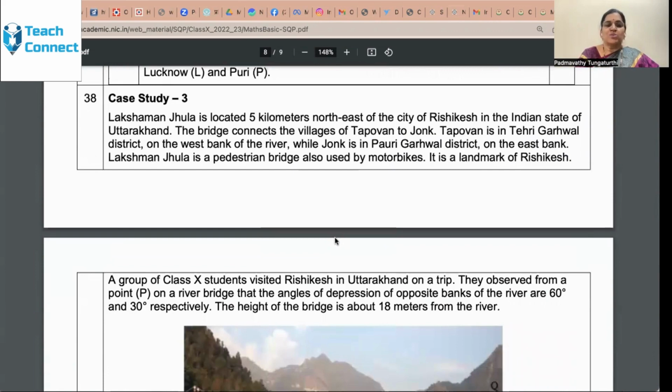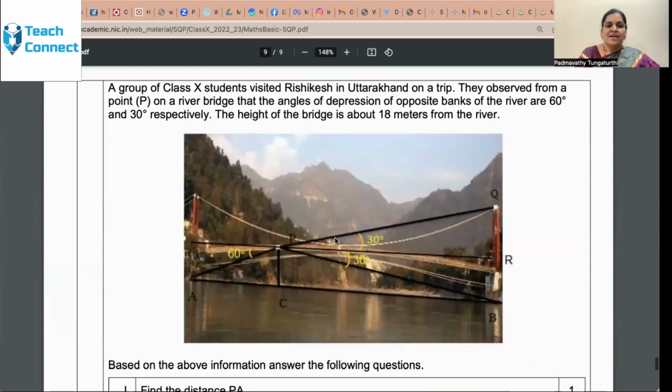Case study, Lakshman Jhula. Now, where is Lakshman Jhula? The child can Google also and understand, because this is a mock paper for them. And see how nicely it is given. This is the angle of depression, angle of elevation, the height of the Jhula from the river.